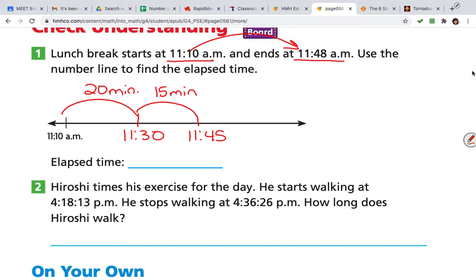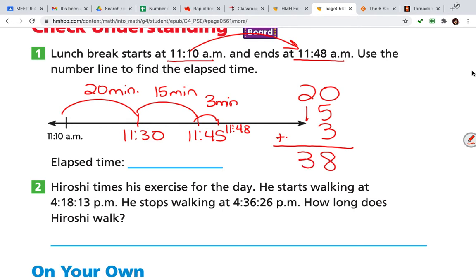And then from 11:45 to 11:48, that's 3 minutes. So let's add 20 plus 15 plus 3. So 5 plus 3 is 8. 2 plus 1 is 3. 38 minutes. That's a longer lunch than I get. So the lunch break is 38 minutes.